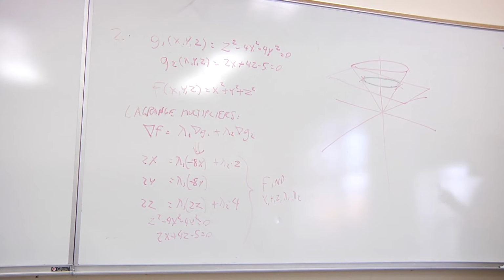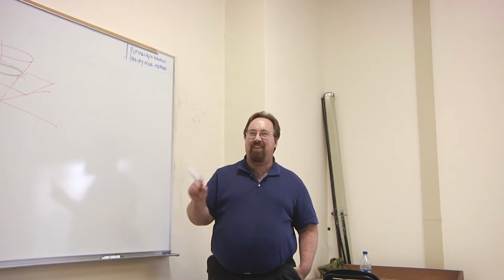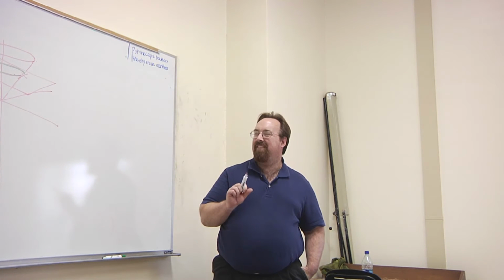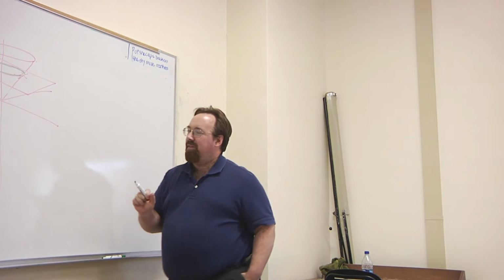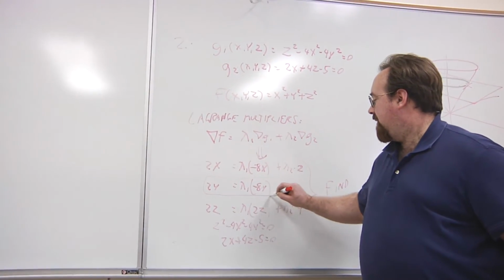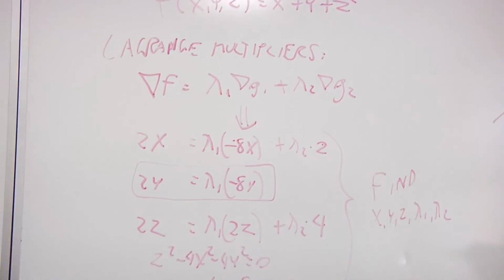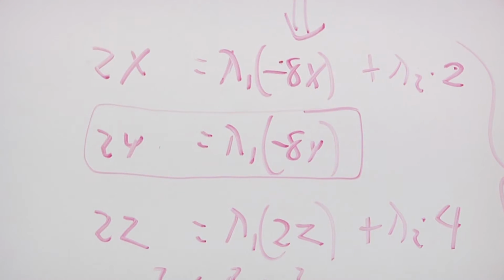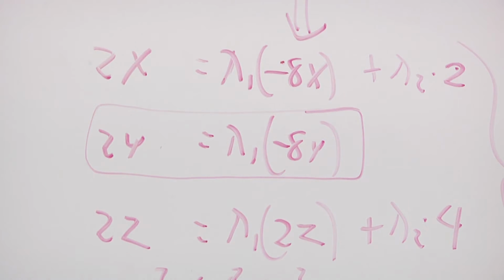So in order to not be such a bastard for making you know all your algebra, we're going to take one step further. This equation right here. What can you conclude from it? It doesn't have a lambda 2. That's the one.